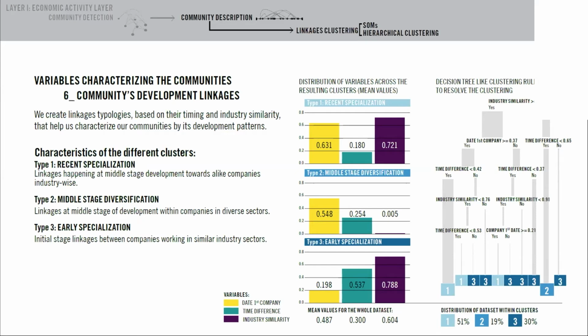The 3 typologies that we have identified are a first group representing recent industry specialization links, a second group including links of middle stage diversification, and a final cluster including early specialization links.